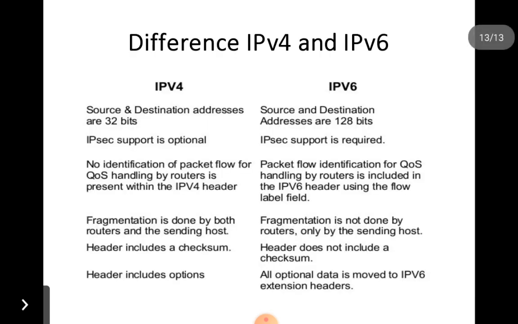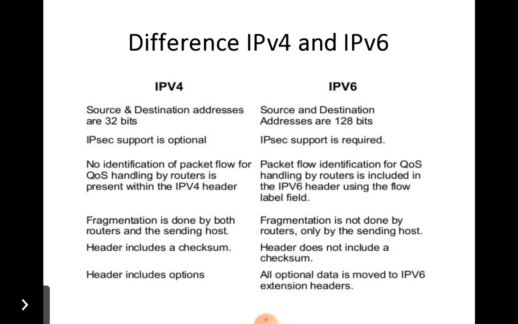Now I am going to discuss the major differences between IPv4 and IPv6. First I am going to discuss IPv4. Source and destination addresses of IPv4 are 32 bits. Internet Protocol security support is optional in IPv4.